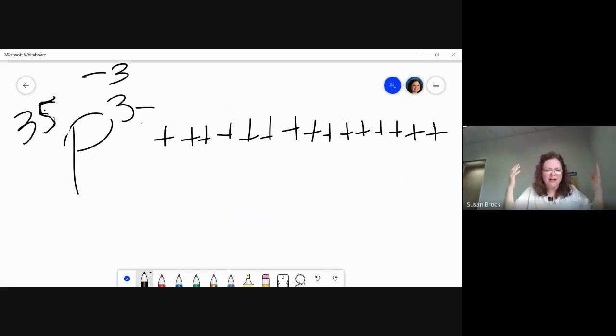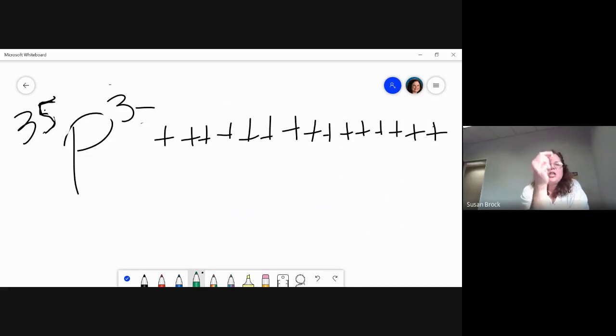I see it both ways all the time. I like to put it where it's 3 negatives, because in my mind, I think, oh, it's 3 negative charges, not a negative 3. So that's why I put it after, but it doesn't really matter. So that's a good question.